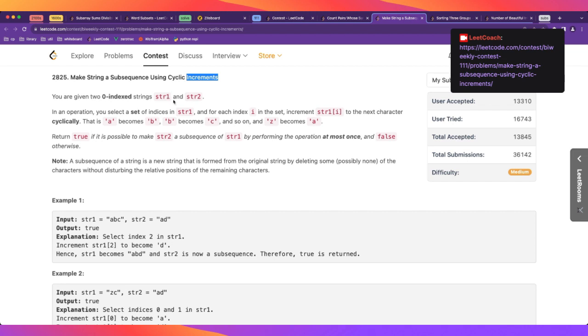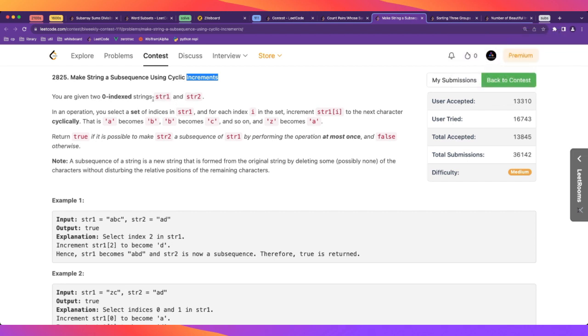So you get two strings with these names, and in an operation you select a set of indices in string 1, and for each index I in the set, increment string 1 of I to the next character cyclically.